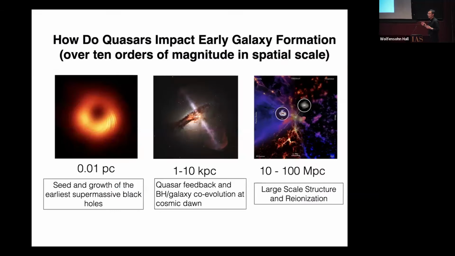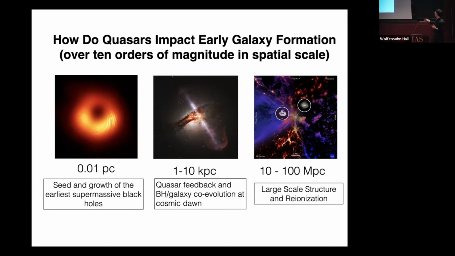So one thing I really like about quasars is the range of physical scales they're probing, all the way from very close to the event horizon of the black hole and the accretion disk, where, of course, you're trying to understand the seeds of the black holes and how they accrete. A few orders of magnitude larger, at the galaxy scale, we're trying to look for signs of whether quasars are impacting their galaxy evolution through feedback.